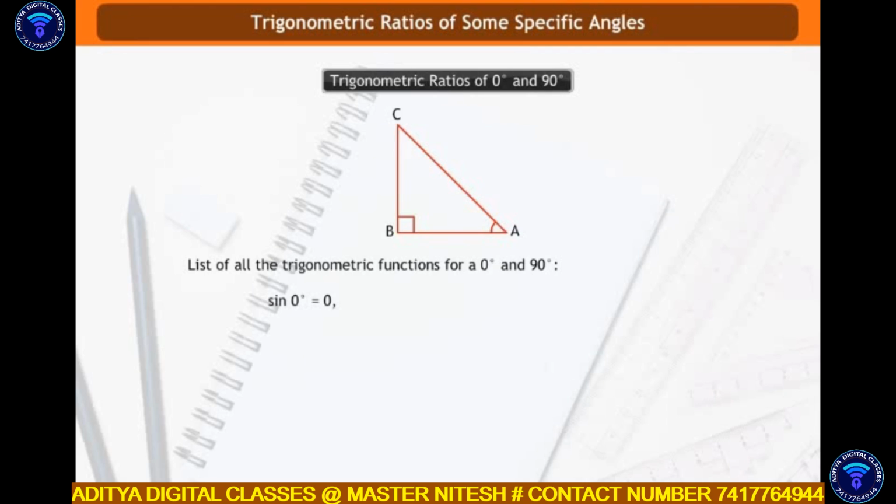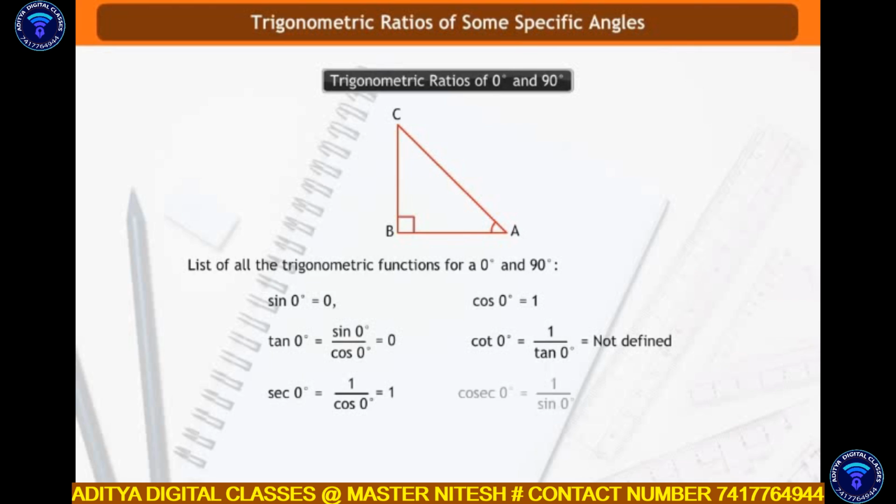Sine 0 is equal to 0, cos 0 is equal to 1, tan 0 is equal to sine 0 by cos 0, which is equal to 0, cot 0 is equal to 1 by tan 0, which is not defined. Secant 0 is equal to 1 by cos 0 and cosecant 0 is equal to 1 by sine 0, which is again not defined.